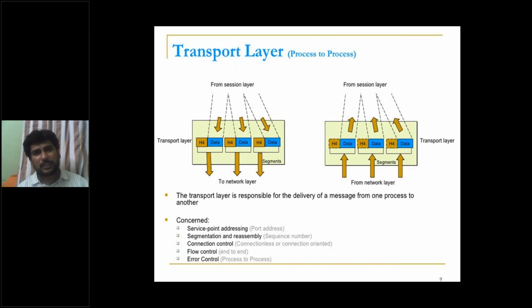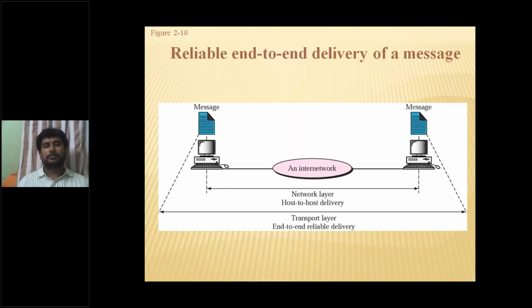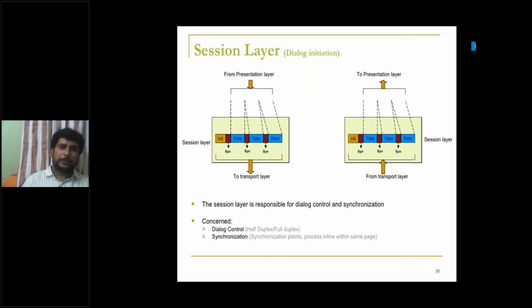If the data link layer has missed something in error identification, that will be taken care of by the transport layer. And as we said, the data link layer is host to host or node to node, whereas the transport layer is process to process delivery.